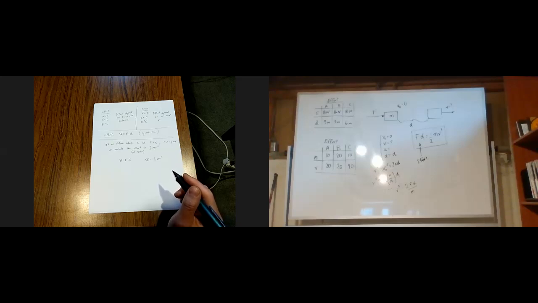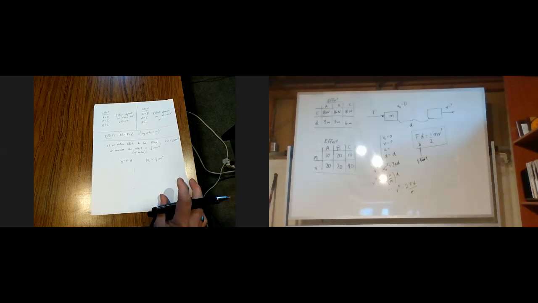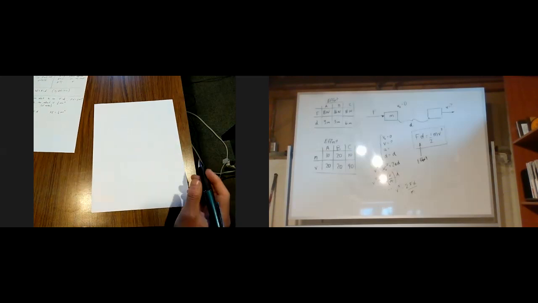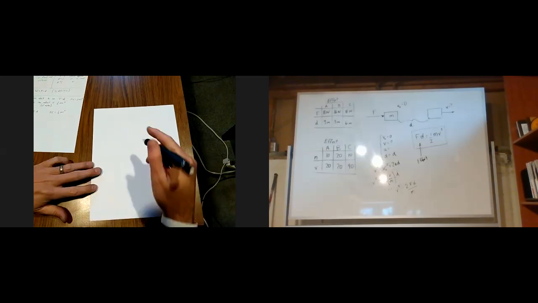Just to be sure that this is true, we should compare this new way of relating forces, displacements, masses, and velocities to our old ways, which involved forces. So I'd like to make up and do a problem in both the old way and the new way next. Here's our situation.